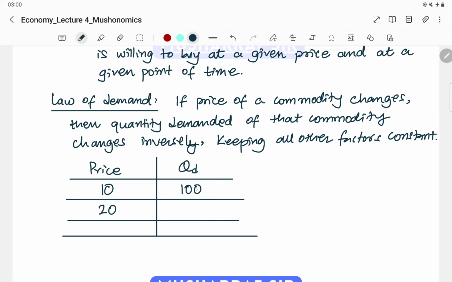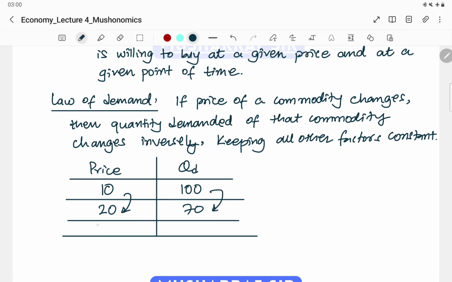So when the price is 10 rupees, the quantity demanded was 100. If price has increased from 10 to 20, the demand will decrease, suppose it will decrease to 70, right? So quantity demanded is decreased to 70.